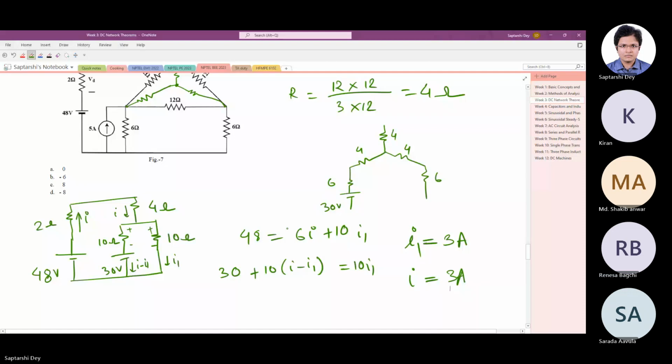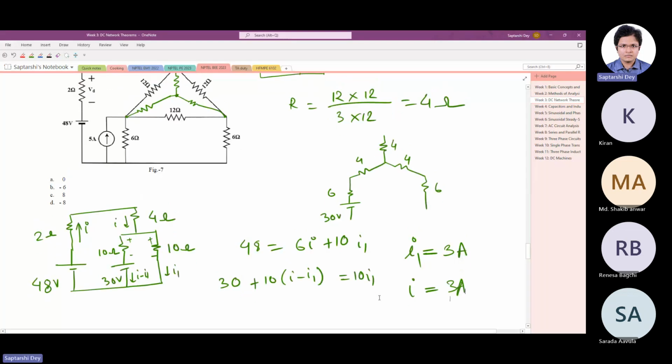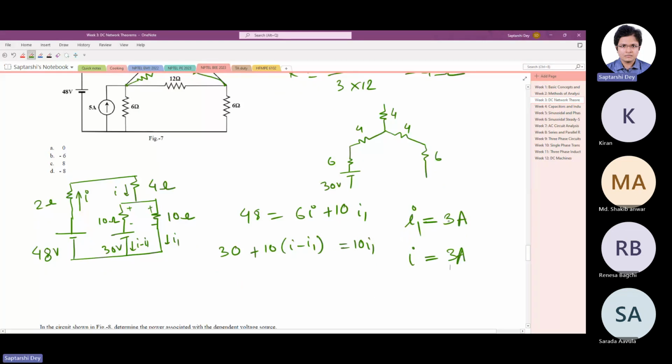No, minus 3? No, if it is 3, then I cannot be minus 3. Anyway, are you getting I equals minus 3? If both of them are 3, then only it is matching, right?